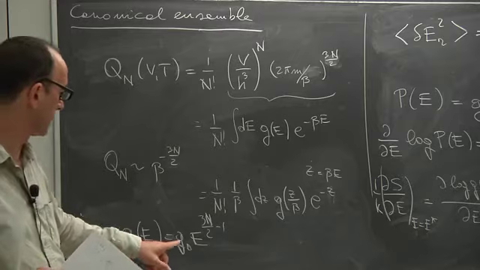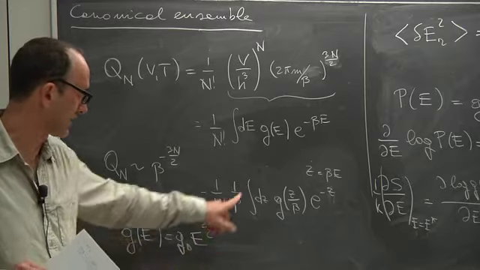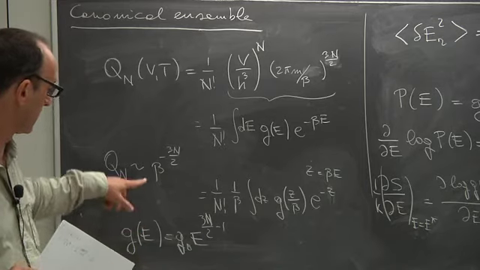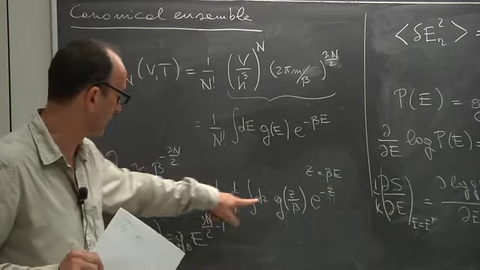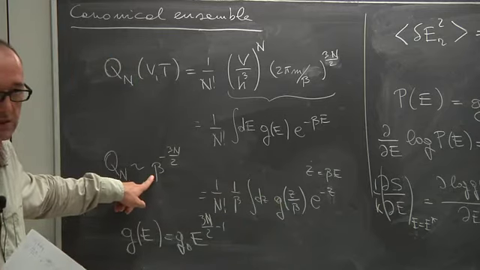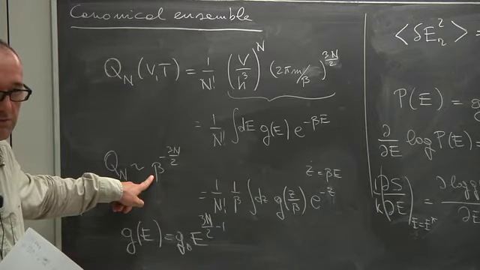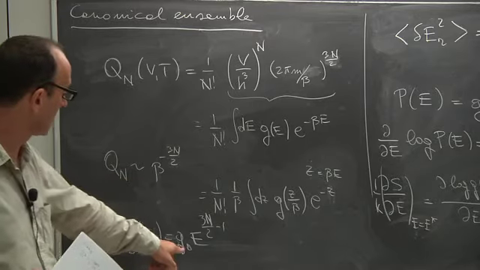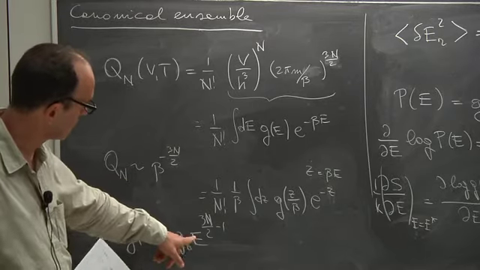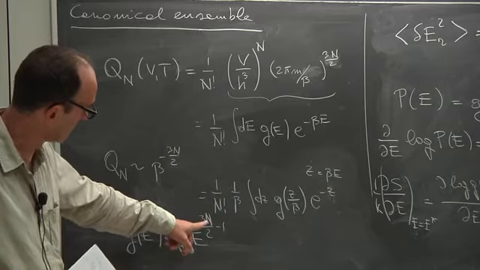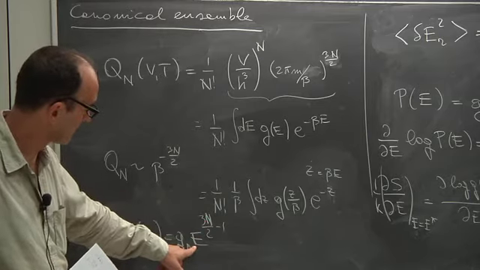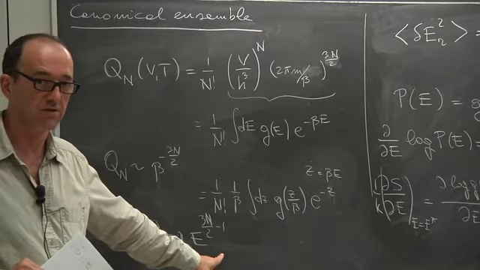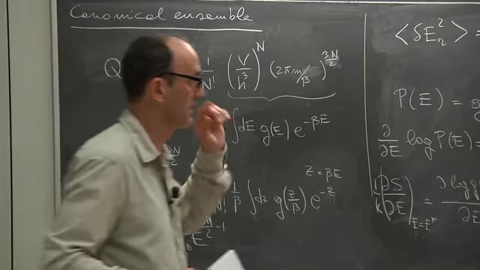So if you have this behavior here, then you see that the behavior with beta from this equation will match this one, okay? Now you see, since n is very, very large, this is a very, very fast increasing function of the energy, okay?